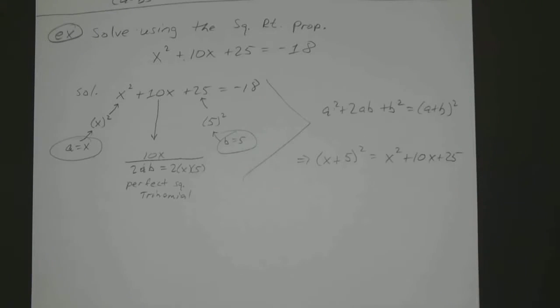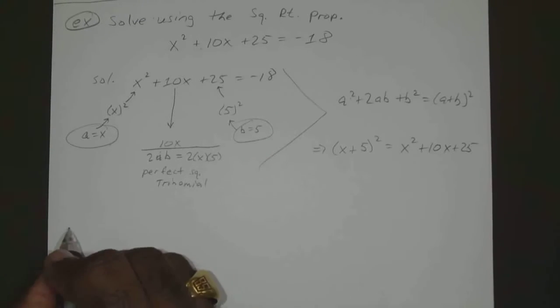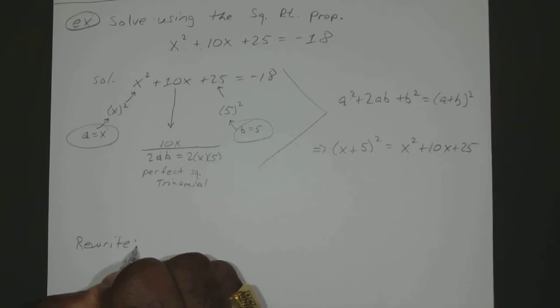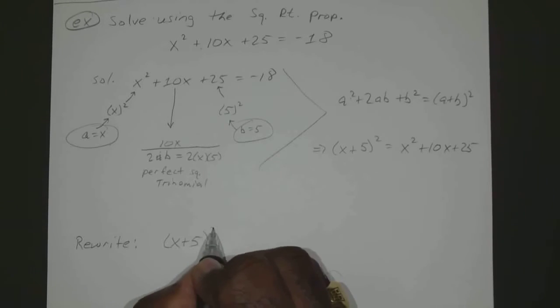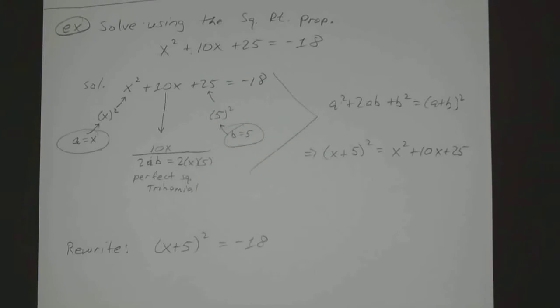Okay, so now we can just rewrite it. So now we have (x plus 5) squared equals negative 18, which is a whole lot neater. Okay, so once again, we just square root both sides.